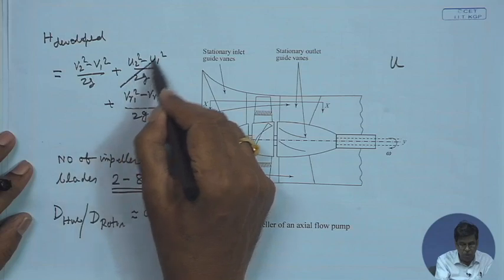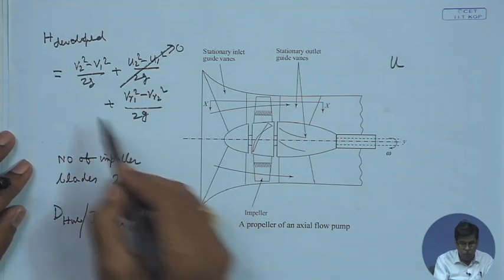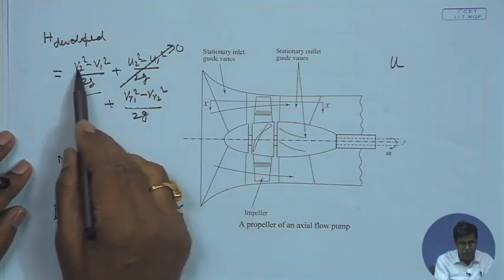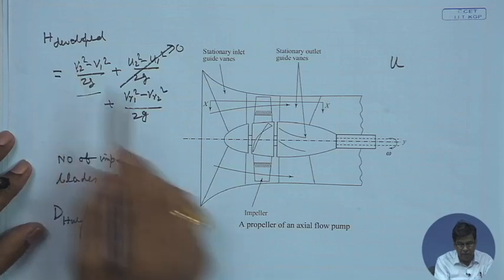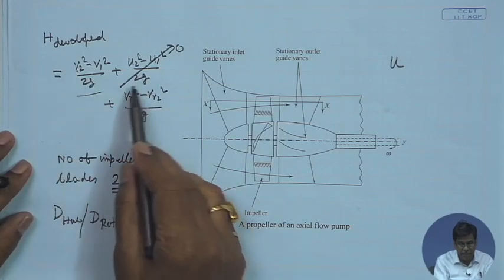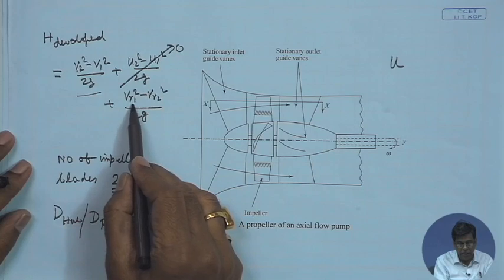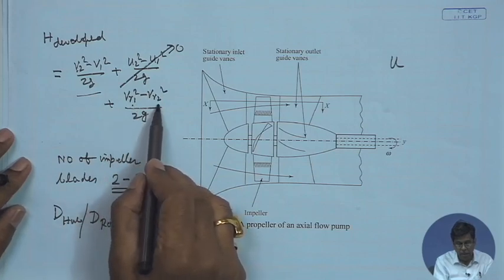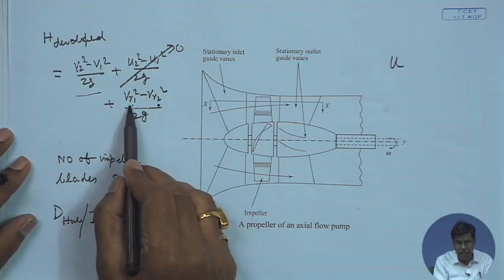Now, here U2 and U1 are the same. So, one is the increase in kinetic energy or velocity, and another is the increase in static head because of the decrease in relative velocity from that at the inlet.